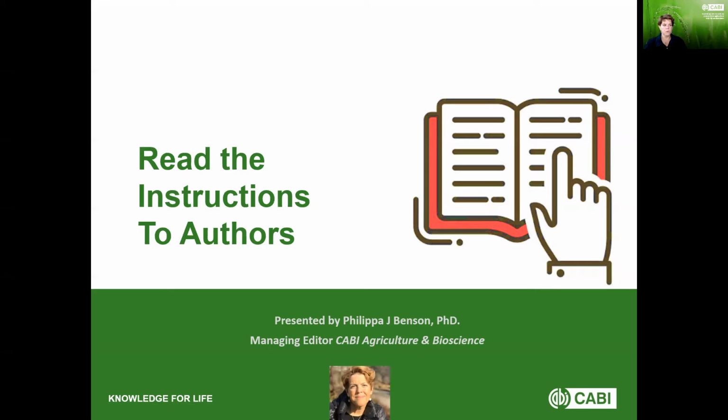So you need to read the instructions to authors very carefully before you begin. And remember that each journal is different. And if you're going to submit a manuscript that perhaps has been rejected from one journal, you need to do the whole process over again and look carefully at the requirements of the next journal you're submitting to.